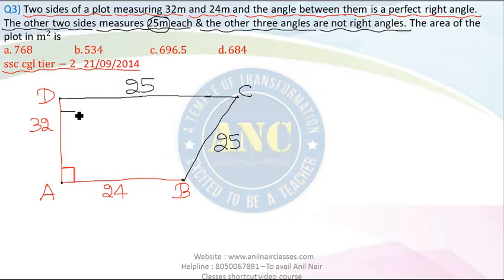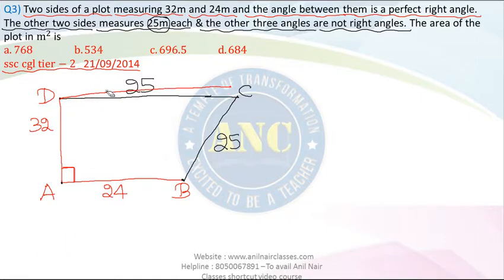That means this should also not be a right angle. So from D, how should we draw the line, sir? It should be slightly curved like this. I hope I am making sense.